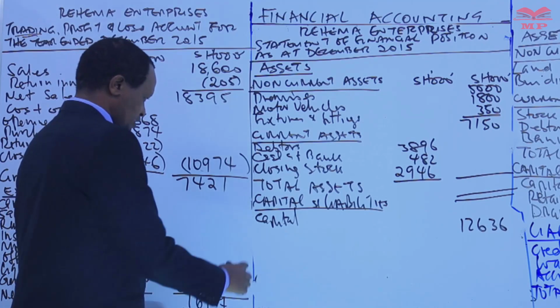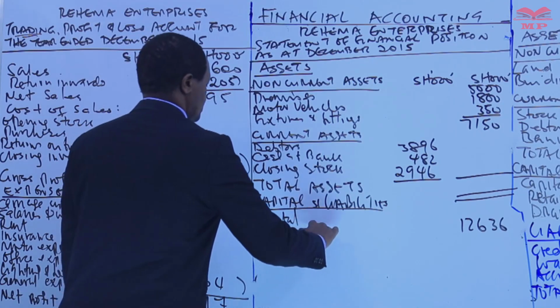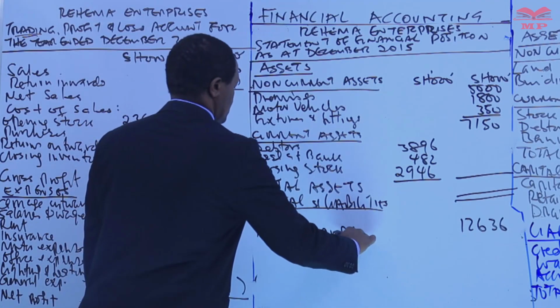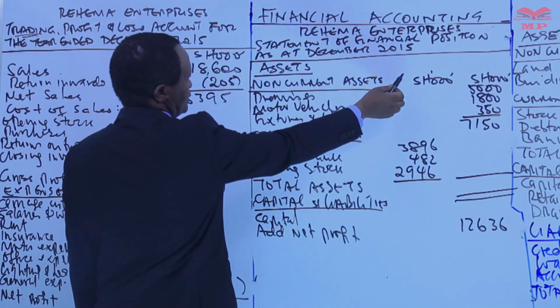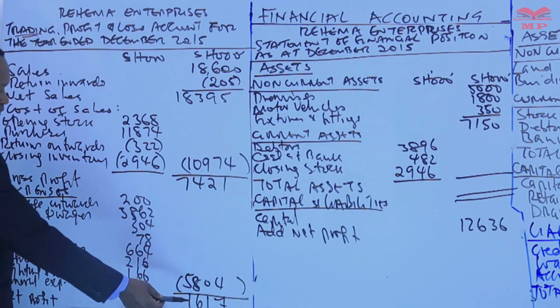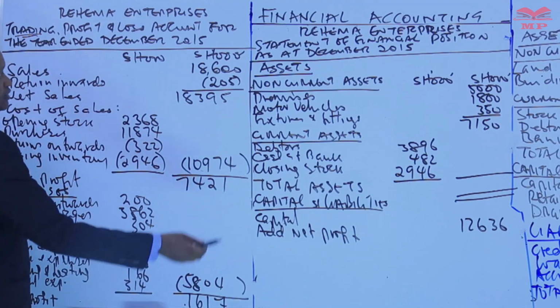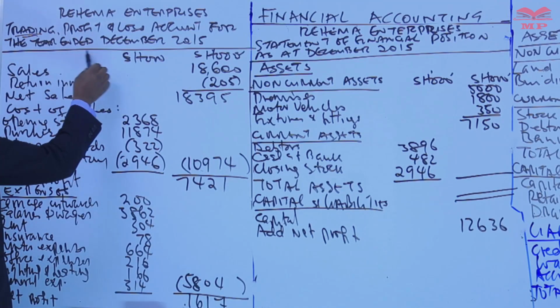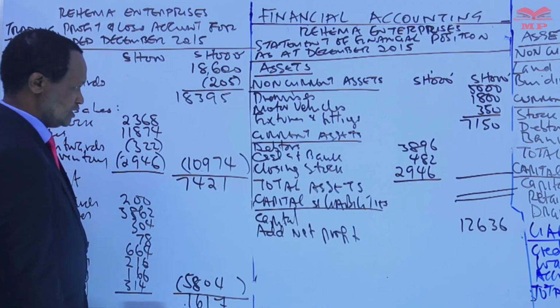Then we add net profit. This is the net profit for the year ended December 2015, and we have it here, 1617.